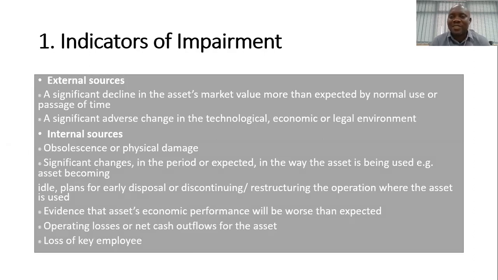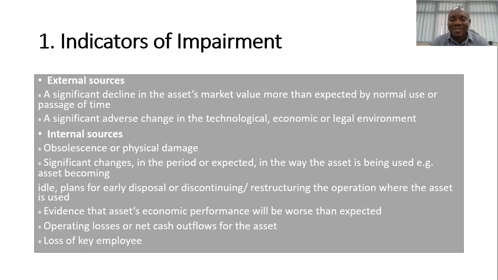So what are the indications of impairment for an asset? First, we look at external sources. A significant decline in the asset's market value, more than expected by normal use or passage of time. All of a sudden, this particular asset has lost value, maybe because out there the demand has gone down. It could be, for example, houses in a particular residential area.